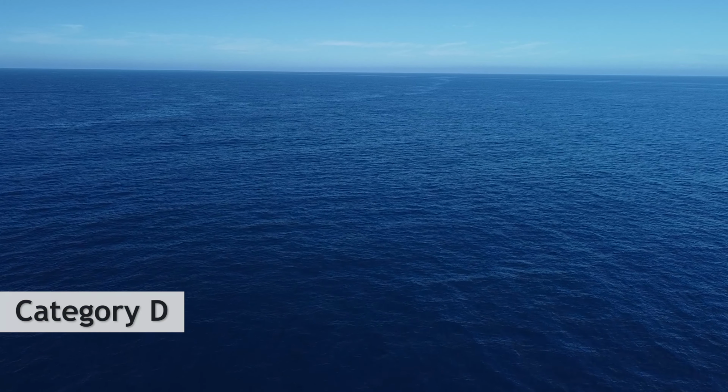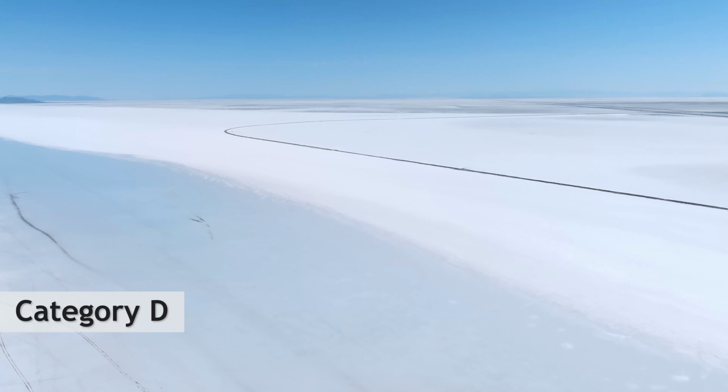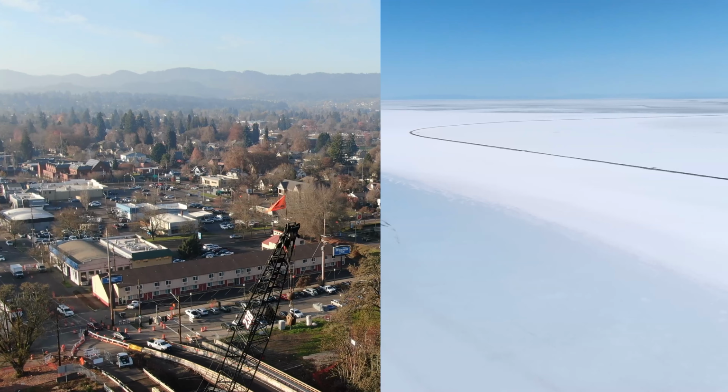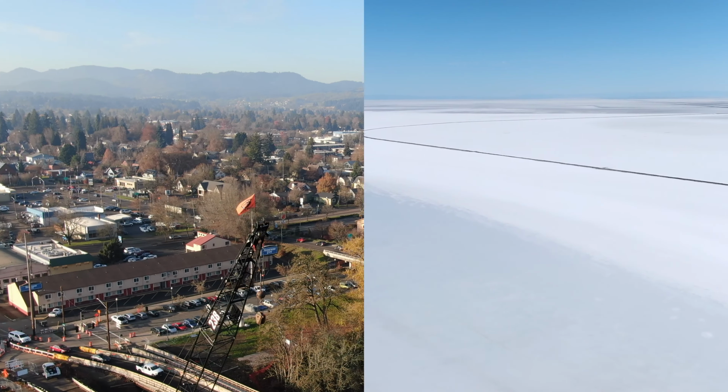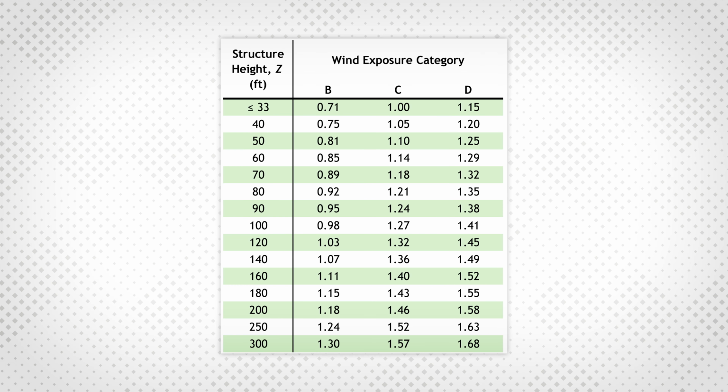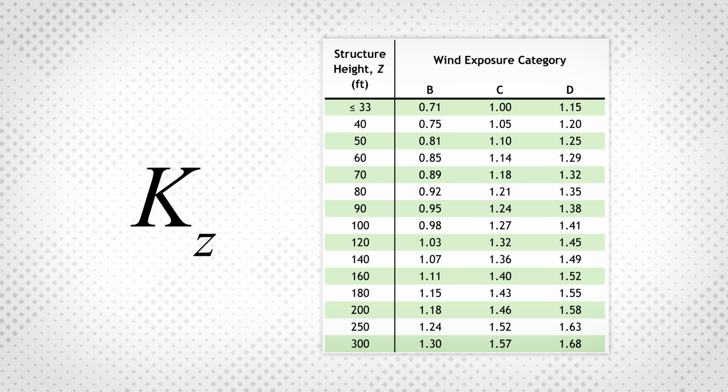Category D is categorized by open water and mud or salt flats. As we move from category B to D, there are fewer obstructions and thus higher wind speeds. The pressure exposure and elevation coefficient K sub z considers surface roughness and elevation of the structure. As we go from exposure category B to D at a height of 33 feet, the coefficient increases 62%.